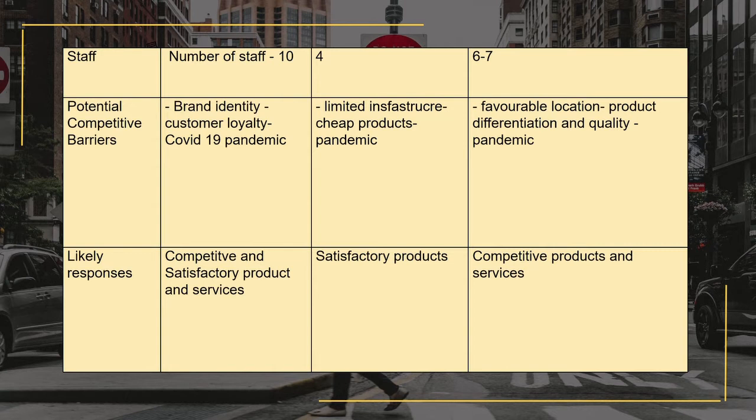So moving on with the potential competitive barriers. Brand recognition, consumer loyalty, low price, a favorable location, and product differentiation are some of the competitors' barriers. When combined with additional barriers, a potential firm's ability to enter the business is hindered. On the other hand, the global pandemic entirely affected and impacted the businesses.